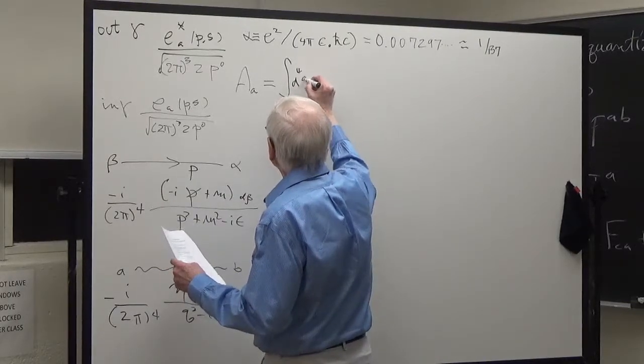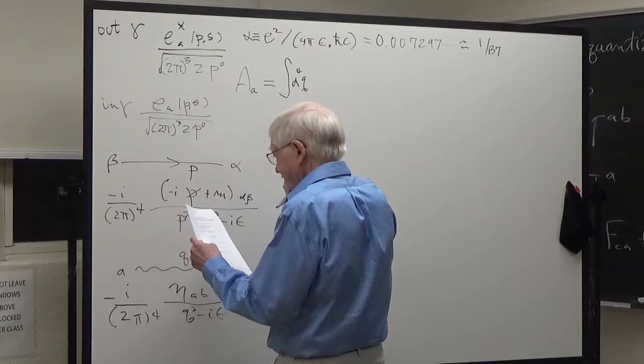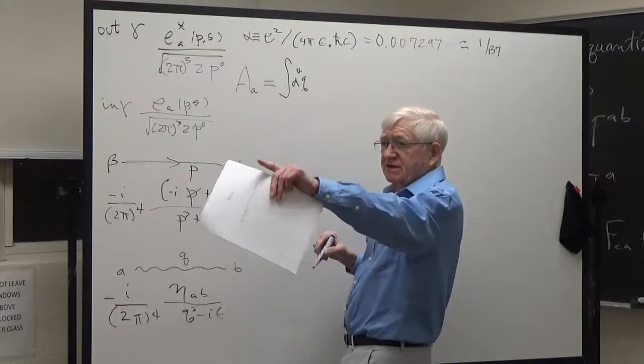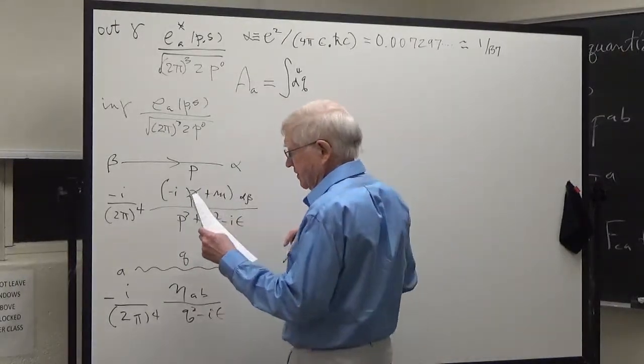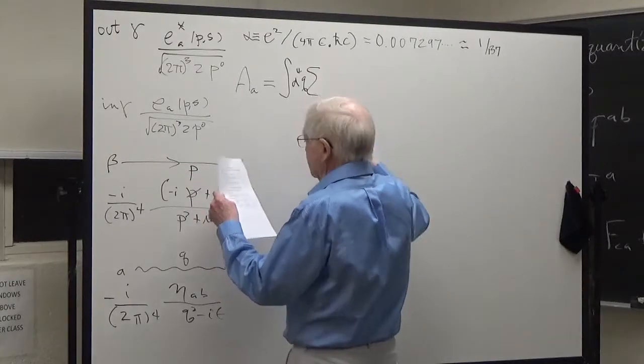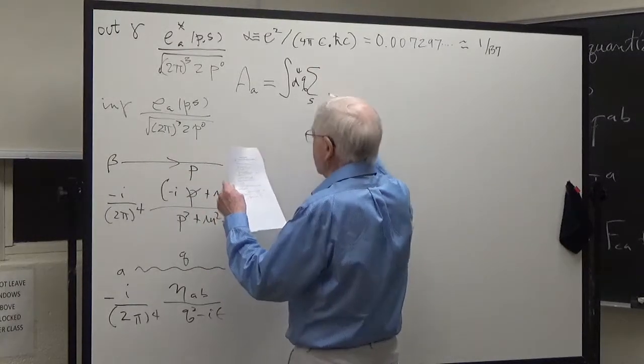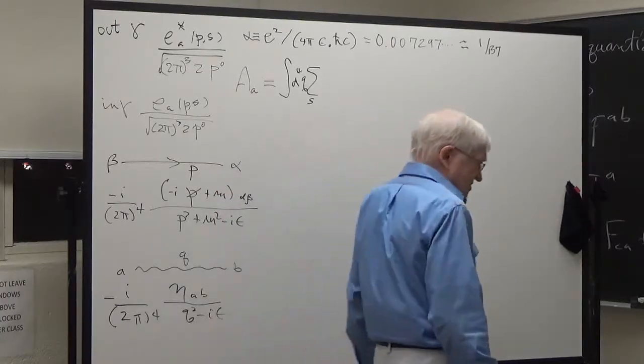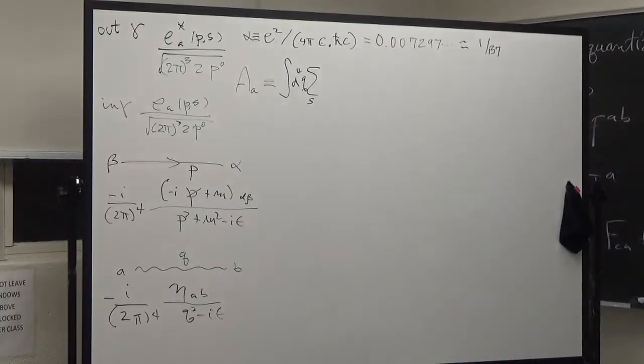So integral d4q. That's the integration over everything. And of course, we need to be summing. I'll put in a sum, and I'll be a little vague: whether we're summing over spins or not depends upon what process we're talking about.